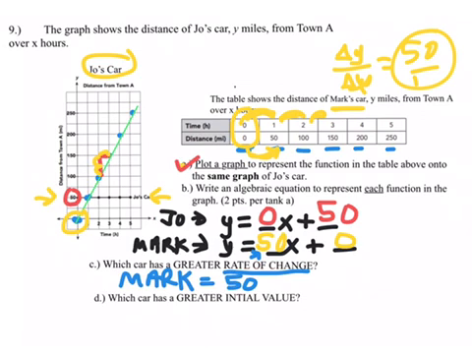And then which car has the greater initial value? Well, that's the b. So that's these numbers right here. And that would be Joe's car. So Joe's car starts here. It's already 50 miles from town A. So Joe's car.